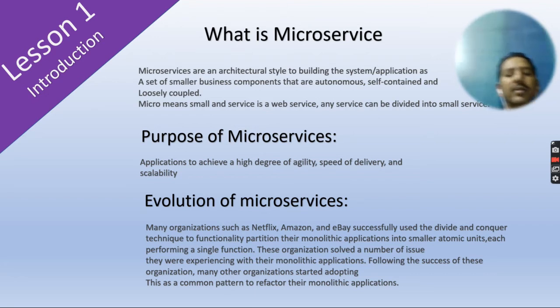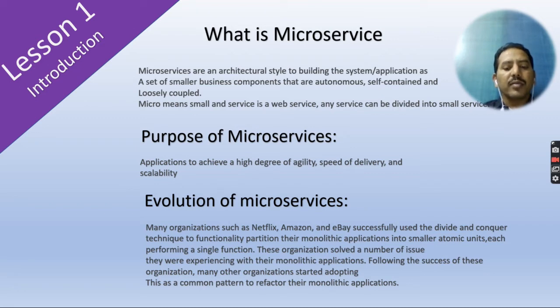Let us see the evolution of microservices, like where and how it started. Many organizations such as Netflix, Amazon, eBay successfully used the divide and conquer technique to functionally partition their monolithic applications into smaller atomic units, each performing a single function.